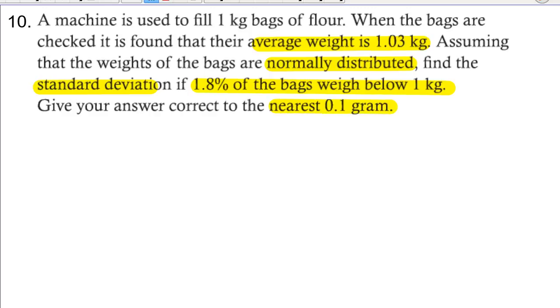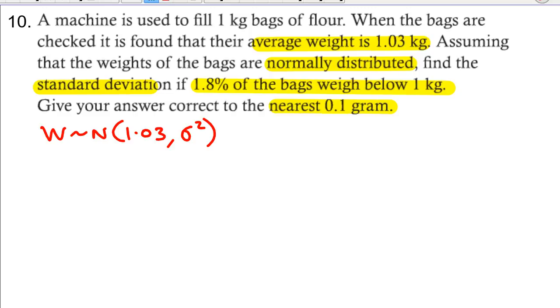So what we need to do first of all here is to define our distribution. So we'll say W follows normal distribution with parameters 1.03 because that's the mean, and we don't know what the standard deviation is.